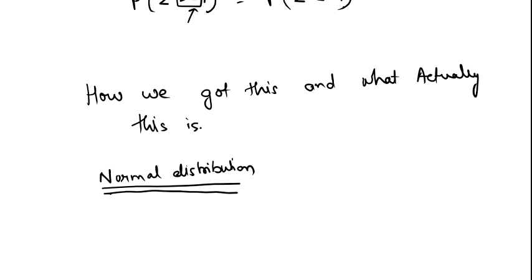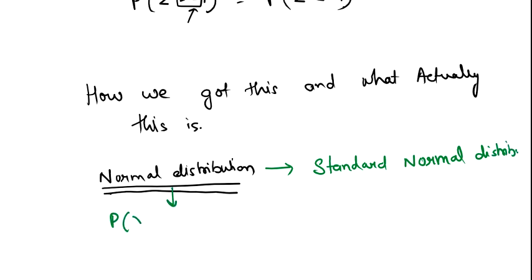So what we try to do is create a new normal distribution, that is the standard normal distribution. Here we are calculating the probability for x, where x follows a normal distribution with mean mu and variance sigma square.